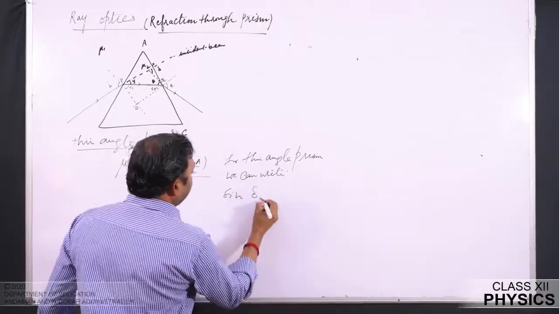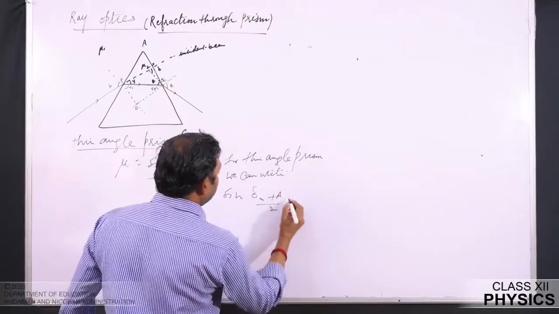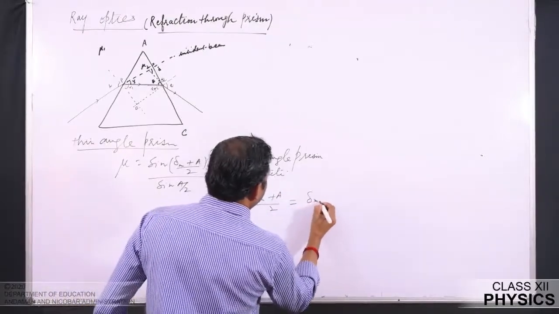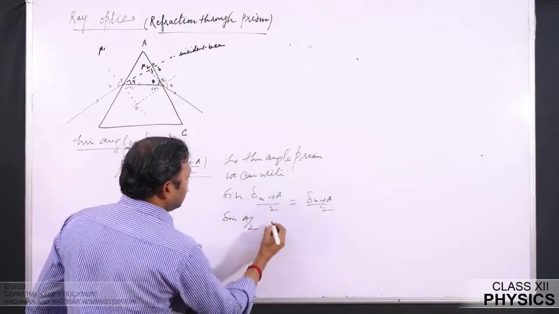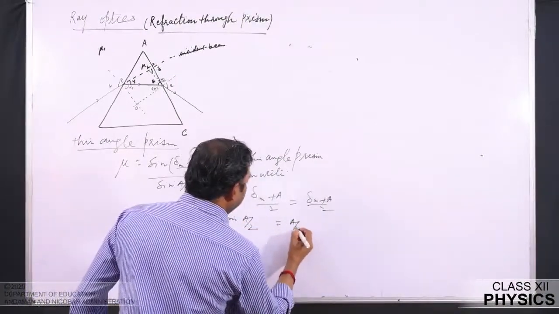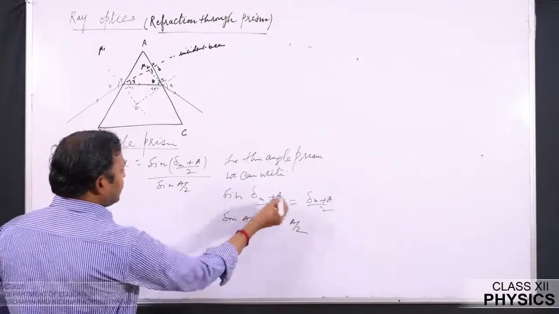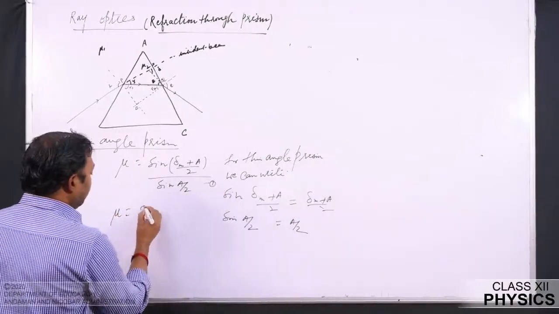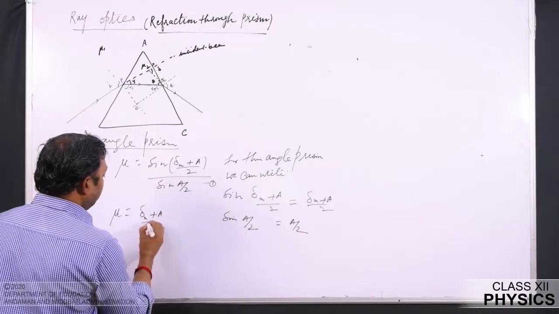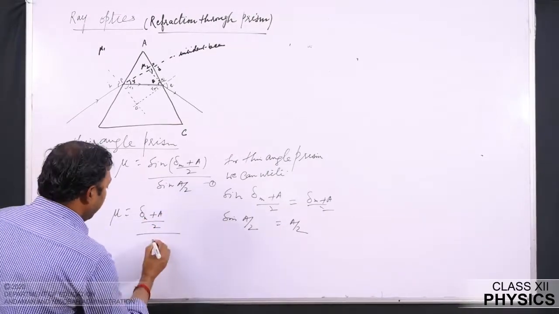Now, substituting this value in equation 1 gives mu equal to (dm plus A) by 2 divided by A by 2.